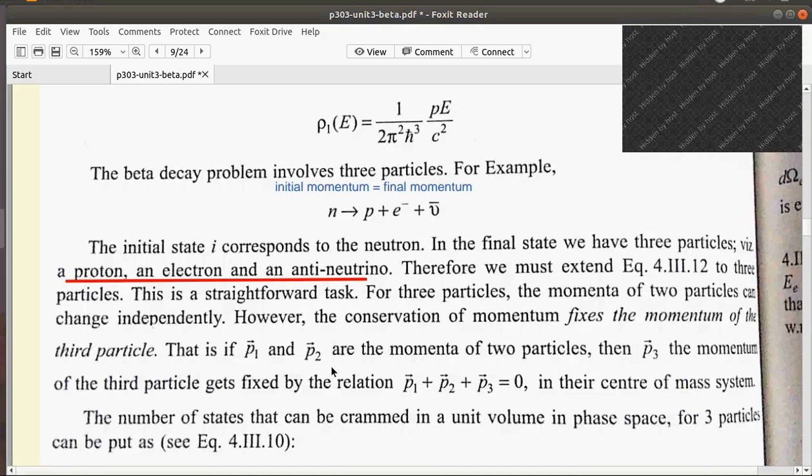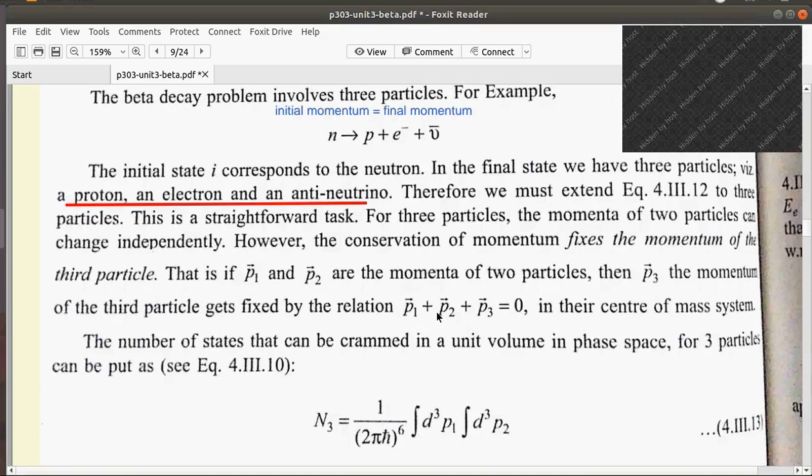That is, if P1 and P2, the momenta of two particles, are known, then the momentum of the third particle gets fixed by the relation. If you assume that initially the momentum is 0, then P1 plus P2 plus P3 is equal to 0 in the center of mass system. So we only need information about two particles.